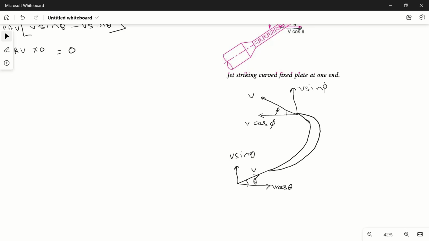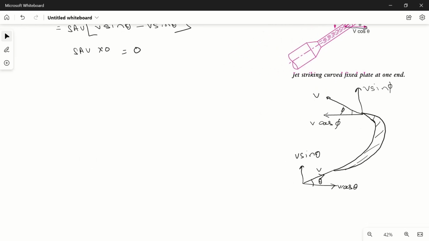If we have to calculate the force exerted along the x direction and y direction, then from the same formula, for this unsymmetrical plate because the angle is different, Fx will be rho A V times (v1x minus v2x). v1x is the velocity at inlet in the x direction, which is v cos theta, and v2x is the velocity in the x direction at outlet, which is in the negative direction, so it will be minus v cos phi.